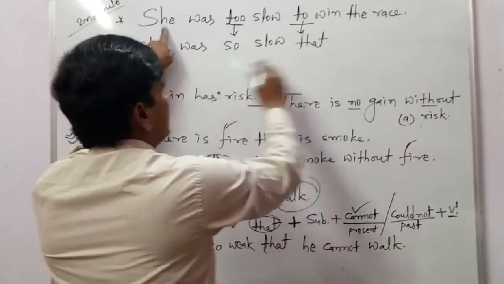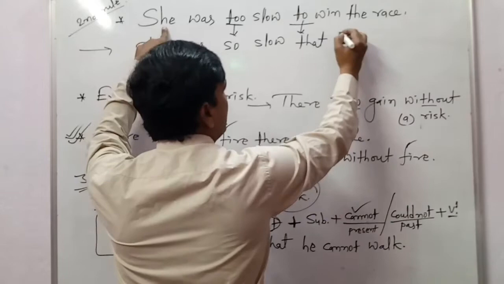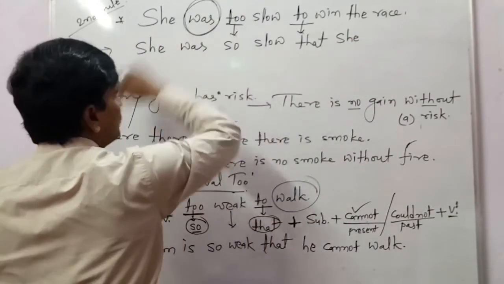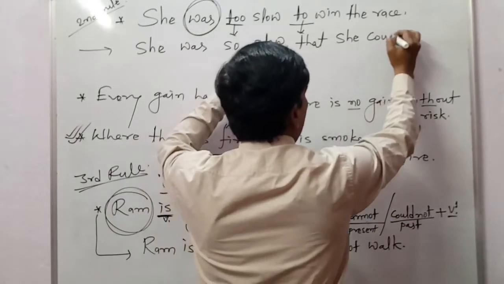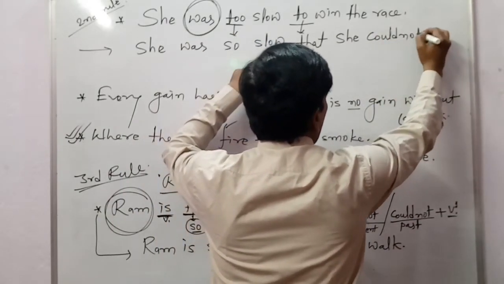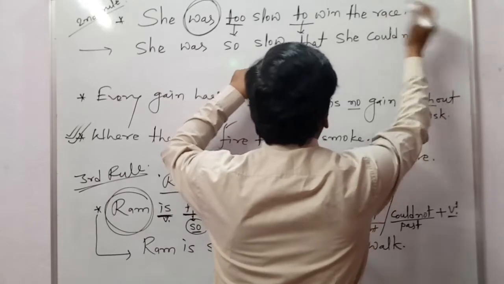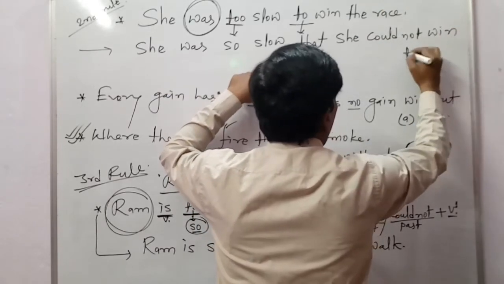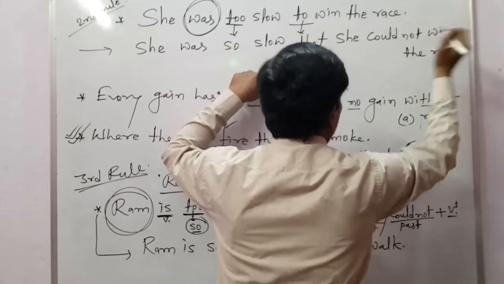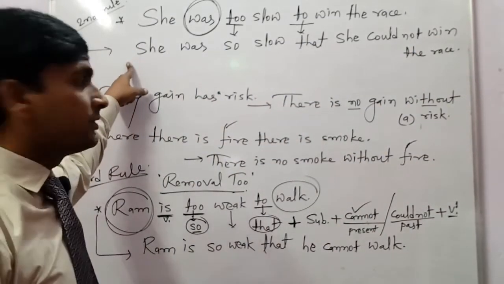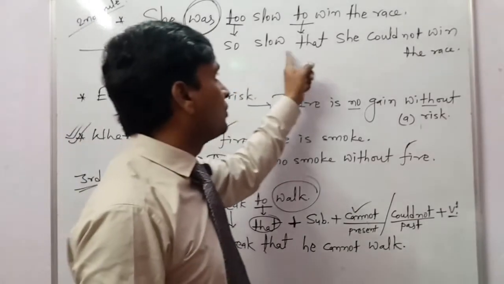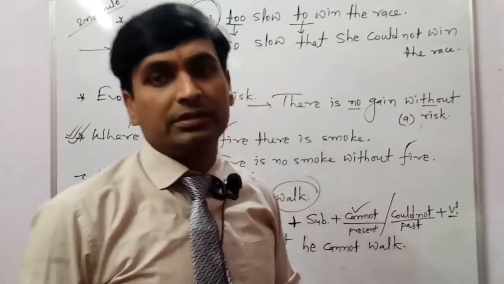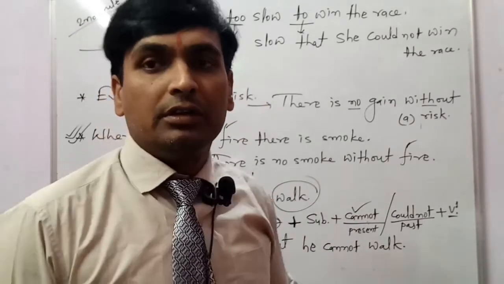And then for the subject formula, the subject is already a pronoun, so you write "she". And your sentence is in past tense, so it will become "could not", and then V1, that is "win", and then the race. So your sentence has been interchanged like: she was so slow that she could not win the race. I hope you have got it, right, students?